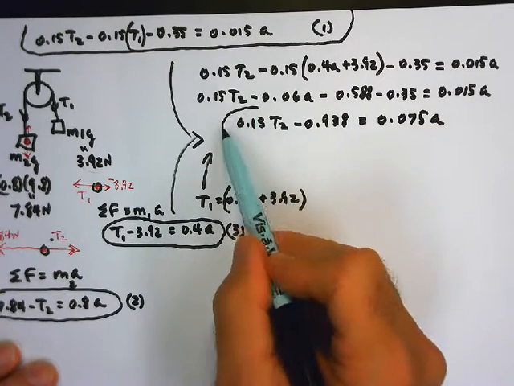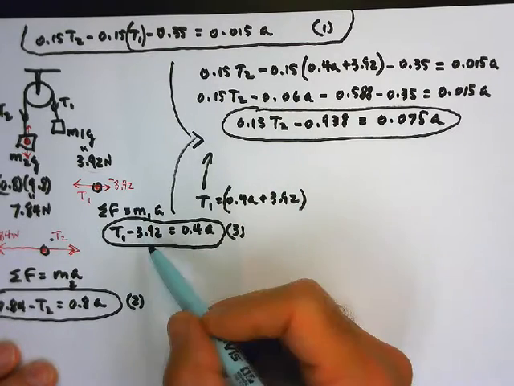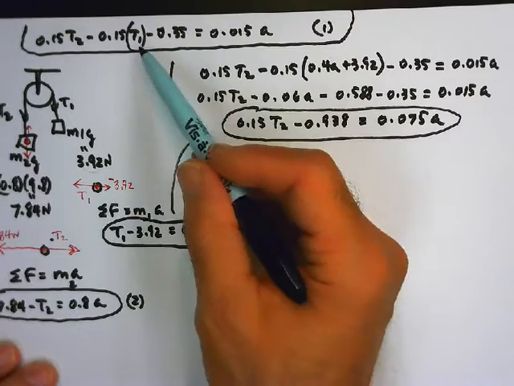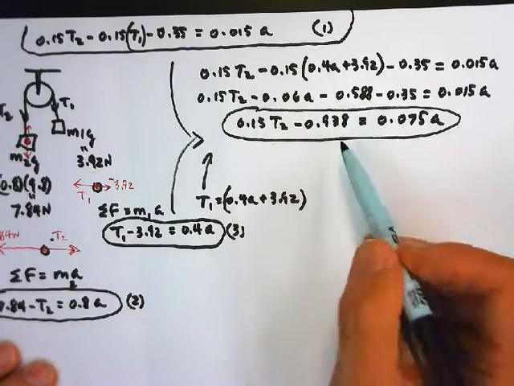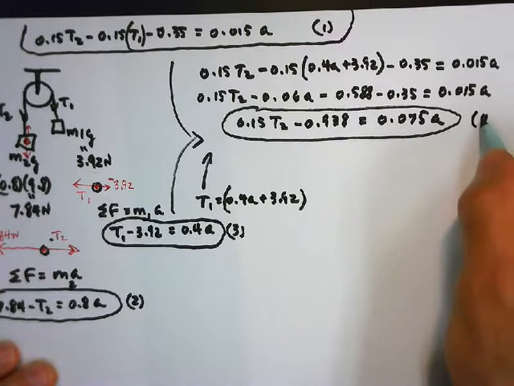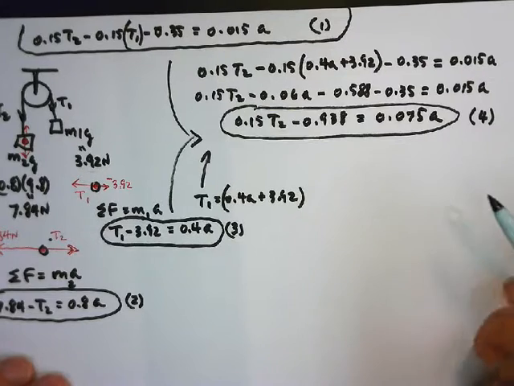Alright, so by taking equation 3, substituting that result from 3 into T1 in equation 1, we get this. I'll just call that equation 4. Okay, so that was my method.